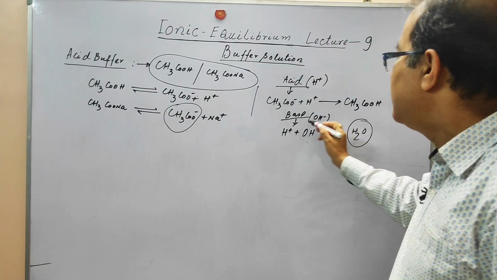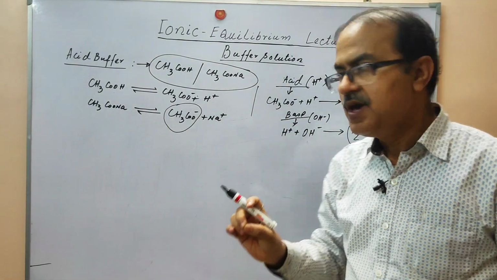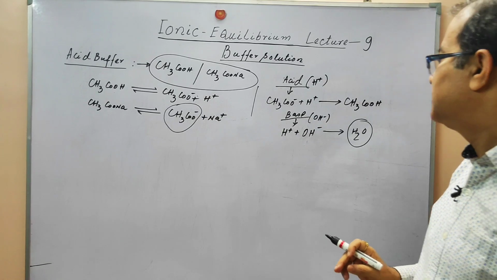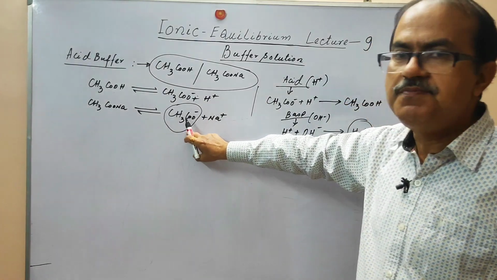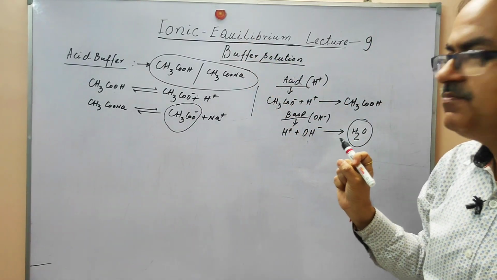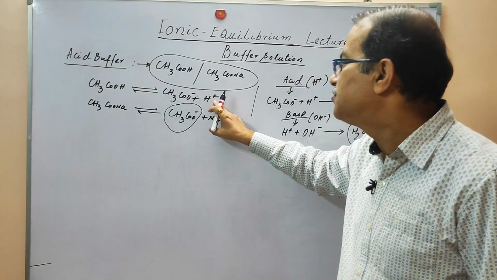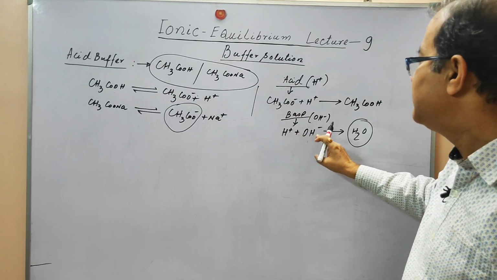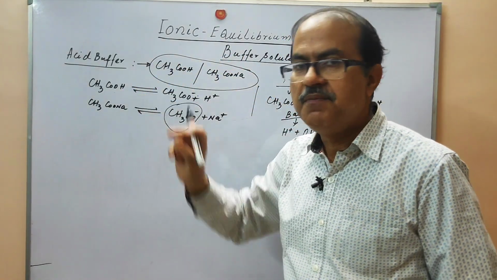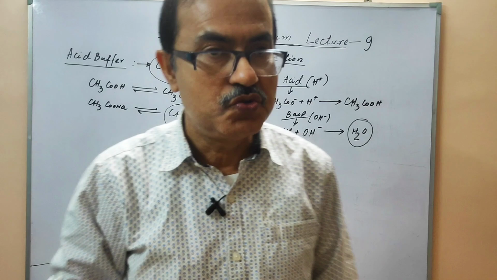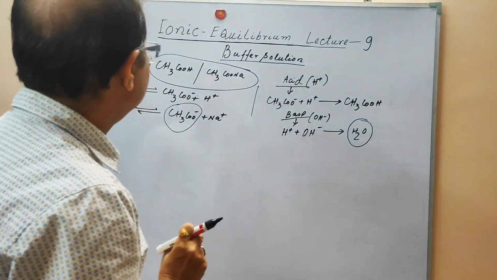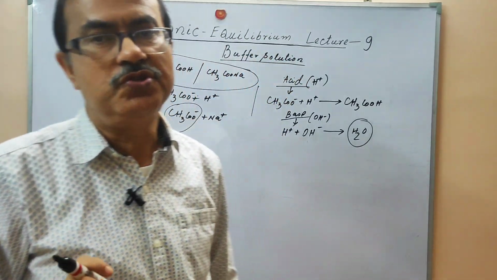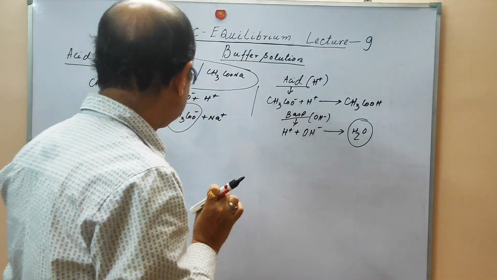So in this way the OH minus ion is also controlled, and the H plus ion is controlled too. The conjugate base will take the H plus ion, and the already produced H plus ion will consume this OH minus ion, or we can say this base is being neutralized by this acetic acid. So in this way you can see there is a buffer action. The pH of the solution remains fixed.